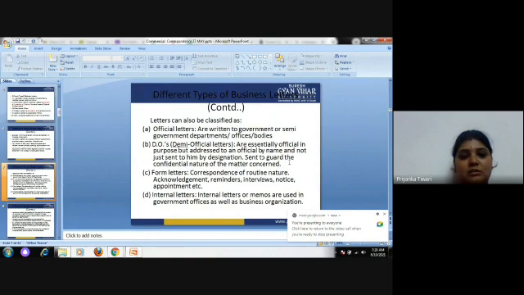Routine correspondence includes acknowledgements, reminders, interviews, notices, and appointments. Internal letters or memos are used in government offices as well as business organizations.